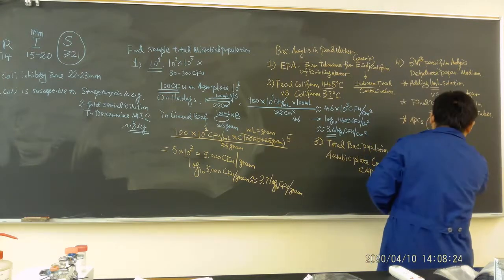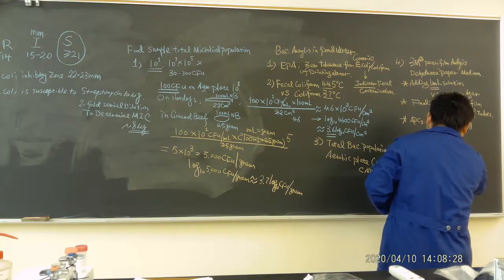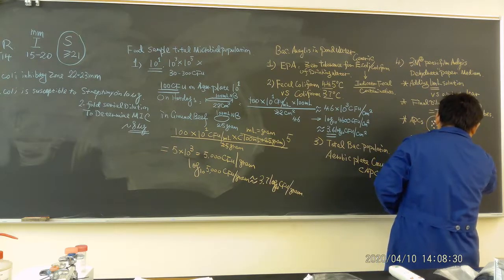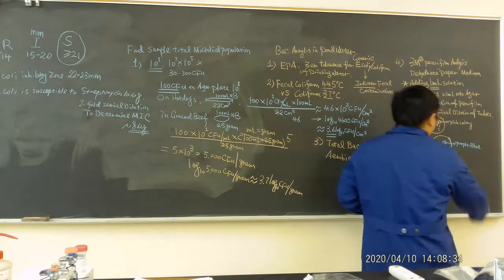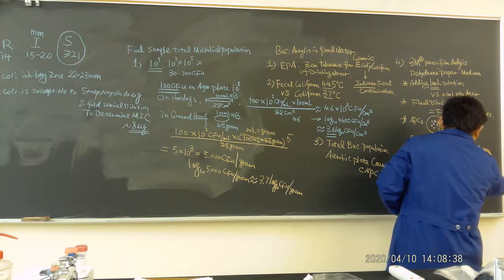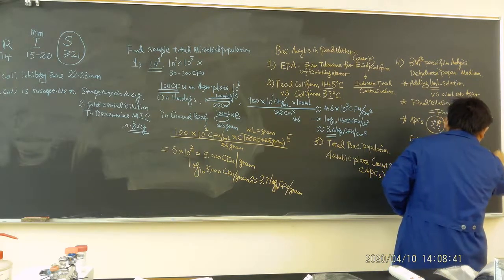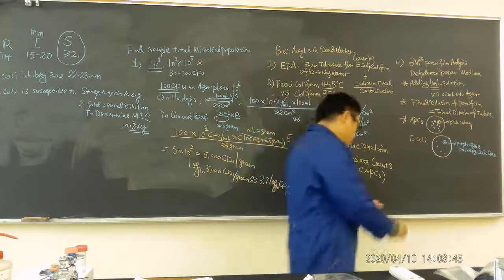You will find the E. coli is a little bit purple to blue color, with gas bubbles. That is E. coli. Now, what is coliform?